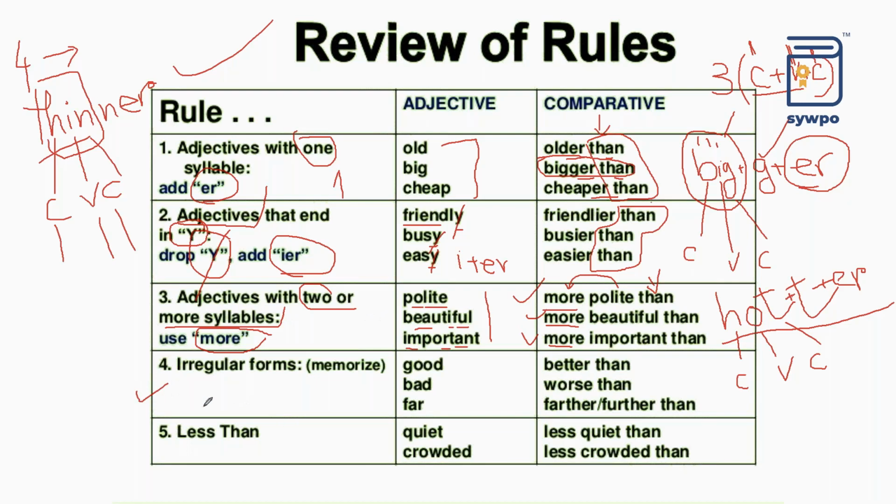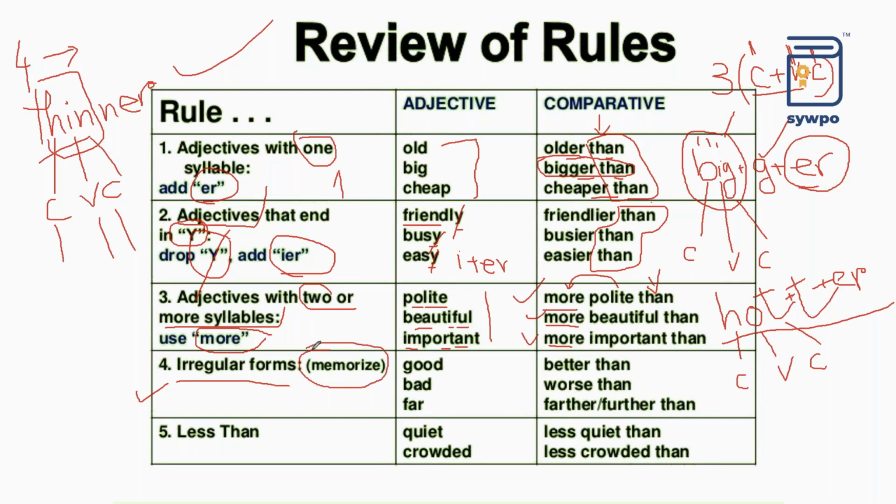Rule number 4, irregular forms. Just like irregular verbs are there, irregular forms of adjectives are also there. Some adjectives don't take ER and they don't even take more or less. Understand? So what you have to do is memorize them.